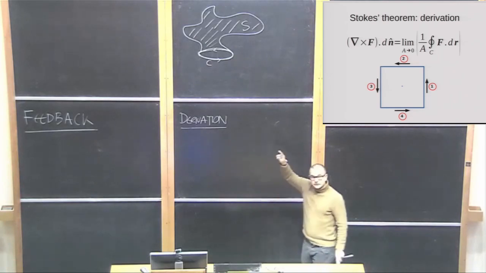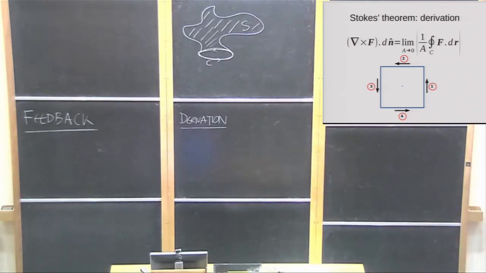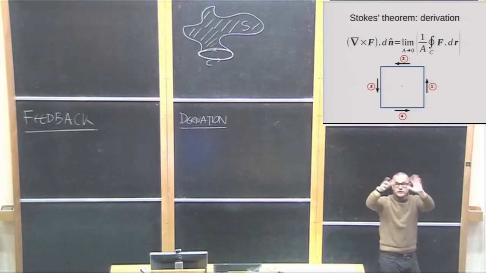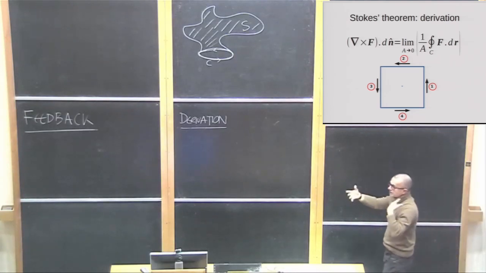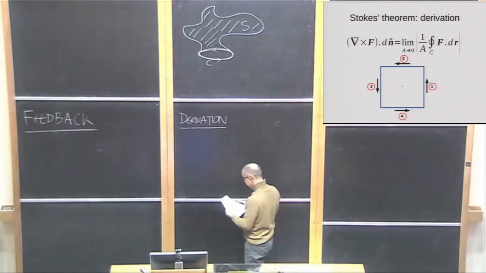I think Stokes' theorem is a little bit less intuitive than the divergence theorem. Recall from yesterday, the divergence theorem, where the sum of all the sources and sinks within a volume should equate to the flux crossing the boundary, that's kind of intuitive. I think Stokes' theorem is a little bit less intuitive.